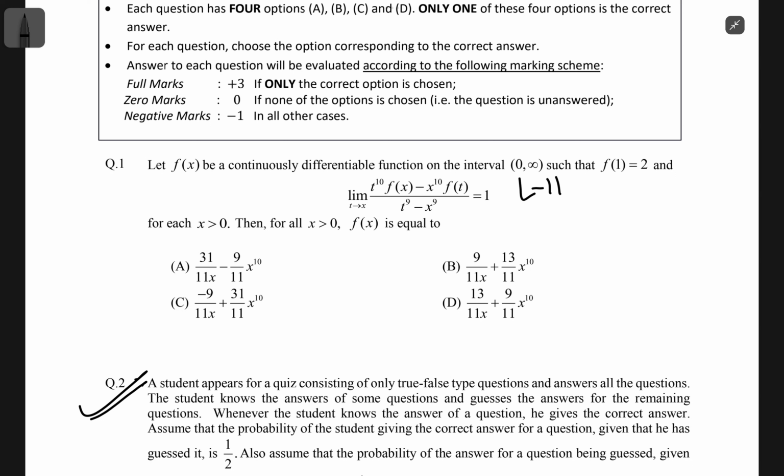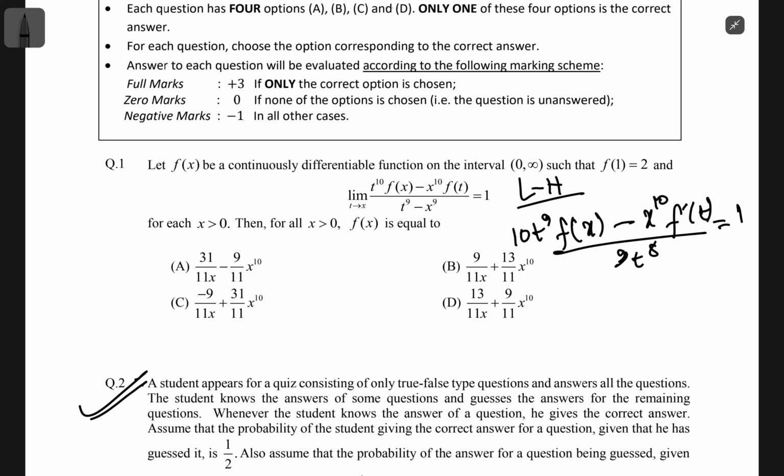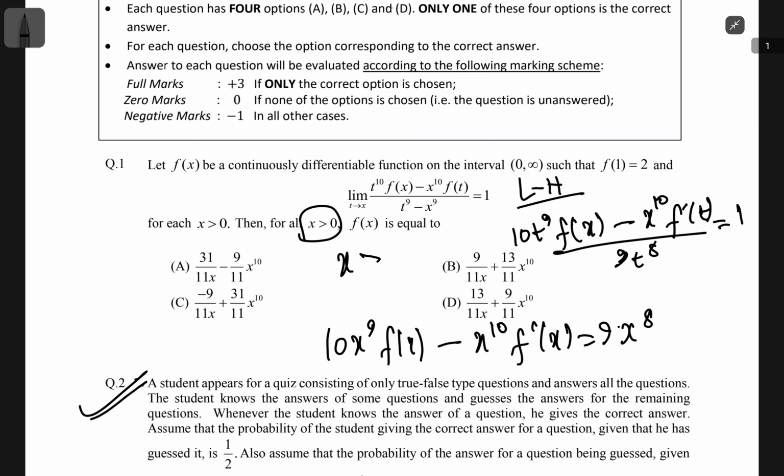So we can apply L'Hospital and we would get 10 t power 9 f(x) minus x power 10 f dash t upon 9 t power 8. And yeah, you can just apply the limit, so 10 x power 9 f(x) minus x power 10 f dash x is equal to 9 x power 8, and x is greater than 0, so x is not equal to 0, so we can just remove all these extra powers of x, right?